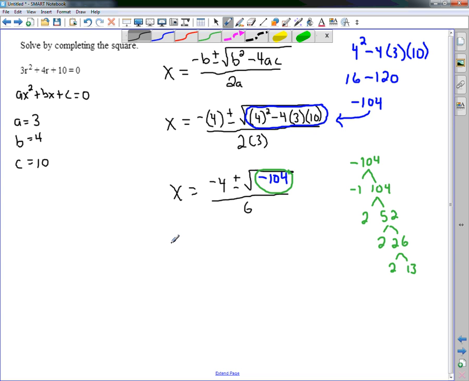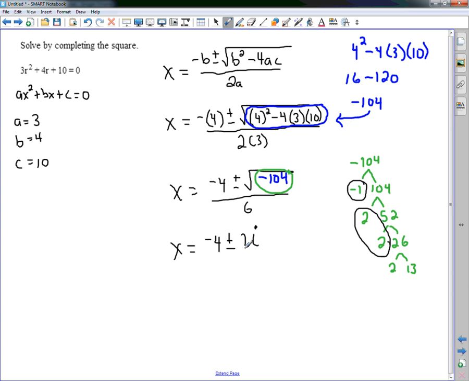So we have x equals, if I'm going too fast, remember you can always pause it and catch back up. So negative 4 plus or minus. The negative 1 is going to produce an i outside of the square root. The pair of 2's is going to produce a 2 outside. Left over that we didn't use is a 2 times 13, or 26. We still have the 6 on bottom.